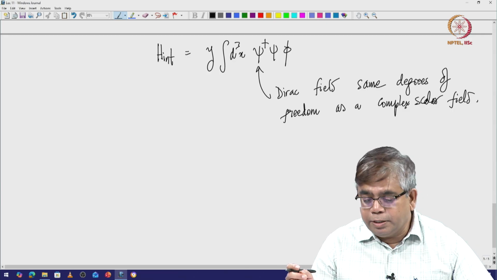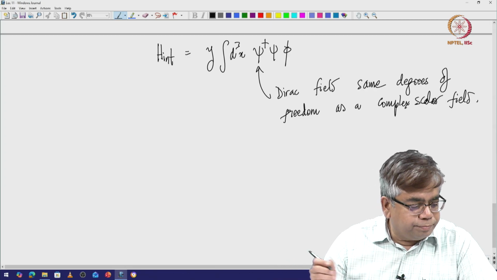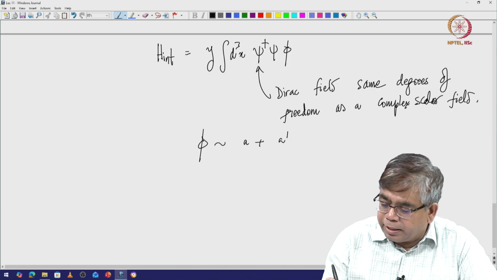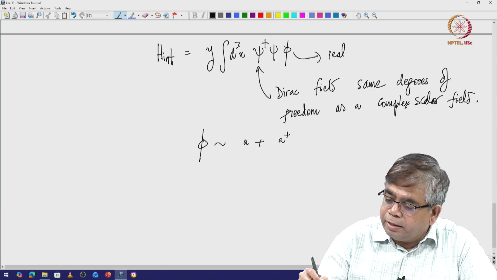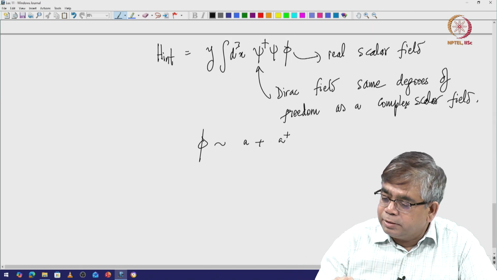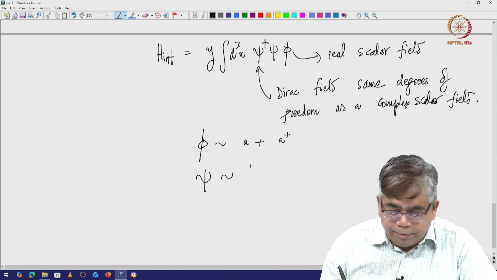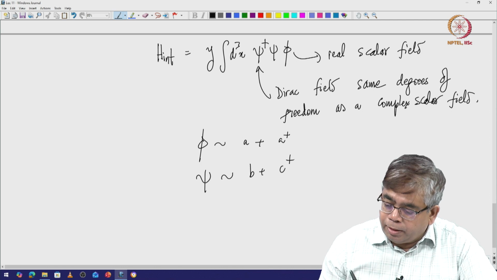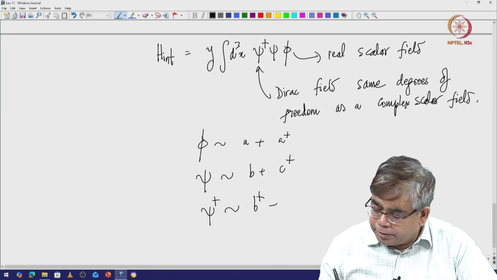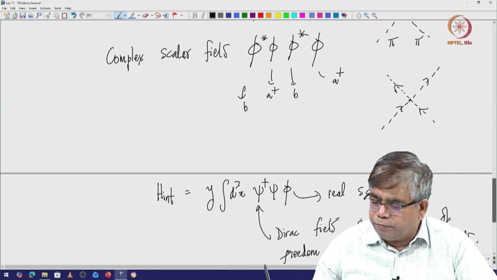Here, like I said, phi is A plus A dagger if it is a real scalar field. The Dirac field has the same degrees of freedom as a complex scalar field. So psi would be some B plus C dagger, and psi dagger would be B dagger plus C, similar to what we have done here.